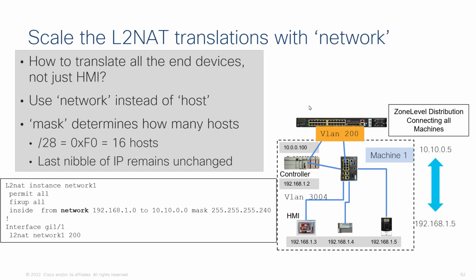You end up using a mask. And so in this case, we're showing an example there on the bottom left where we are going to translate with a mask, a /28. A /28 is the smallest mask that you can use. And essentially, it will work for 16 hosts, which is the smallest network rule that you can use, is 16 hosts.